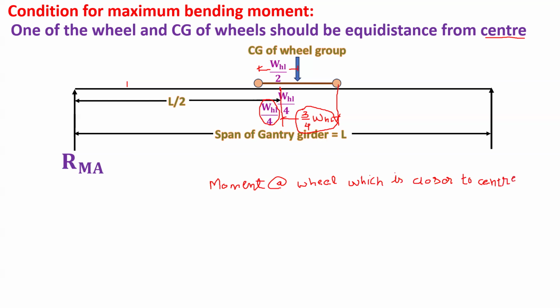So this is very simple, and we have to take moment about this wheel, because this is at WHL by 4 from center, and this is 3WHL by 4, and this will give us the maximum bending moment.